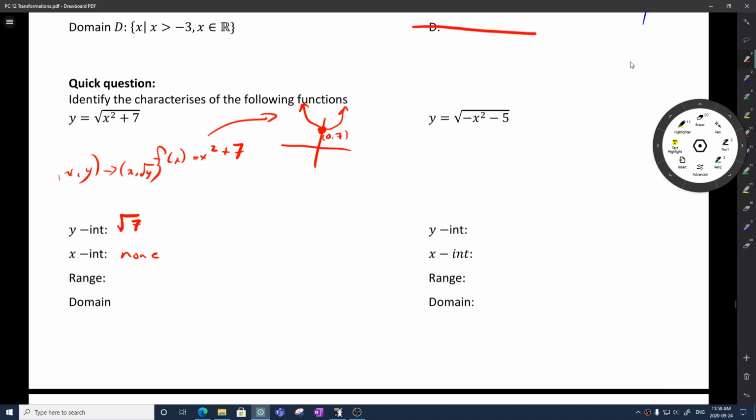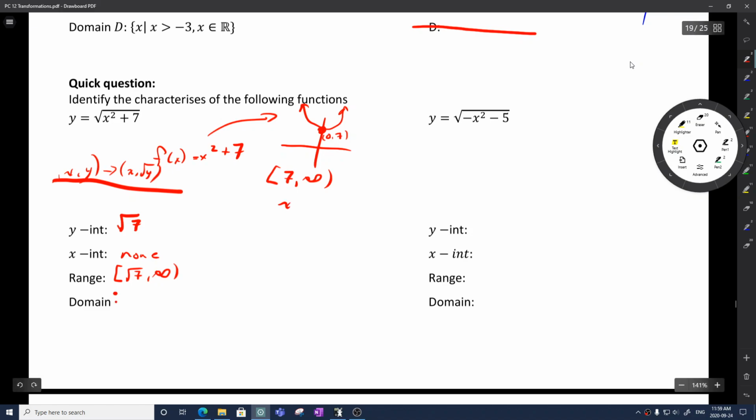My range, well, this is of my parent function, but I can take a look at this. How does the behavior of the range turn out? Well, my lowest point for this graph went from 7 to infinity. So if I'm taking the square root, it'd be the square root of 7 to infinity. My domain.